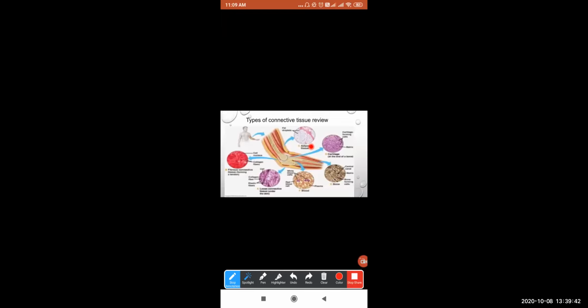Next is the cartilage. The structure of cartilage is that it is made up of specialized cells called chondrocytes, which are enclosed in a cavity called lacunae, which are dispersed in a medium that is fibrous. It is flexible.